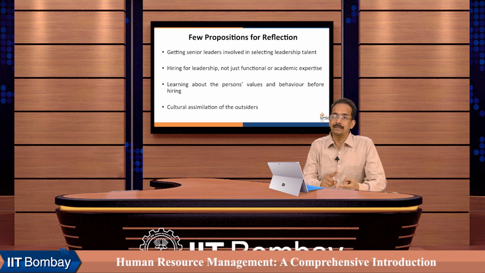Number two, when senior leaders are involved in the selection process of the leadership talent, their psychological contract about grooming that talent also gets strengthened. Number three, senior leaders are more knowledgeable anyways because of their bigger perspective, long term orientation and their more knowledge about the organizational strategy and organizational direction.